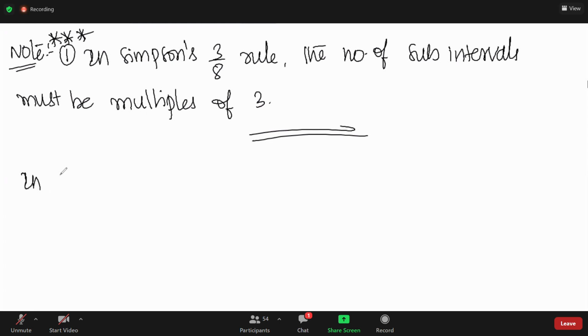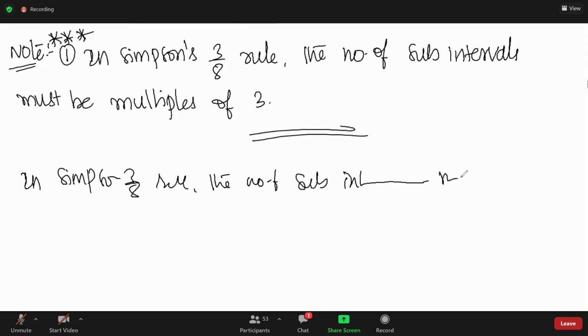So the question is like this: in Simpson's 3 by 8 rule, the number of subintervals must be dash.